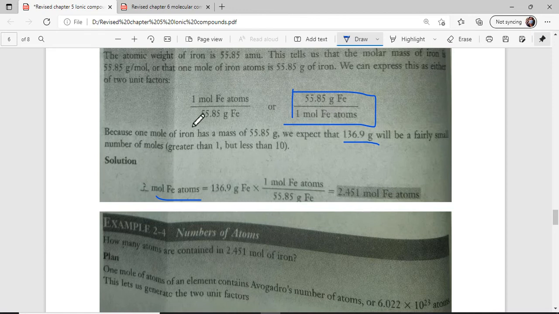Therefore, you will be using this conversion factor: if you have 1 mole of Fe atoms, you have 55.85 grams of iron. Therefore, the same units eliminate. Simply multiply the numbers above, 136.9 times 1, which keeps the same value, and divide by 55.85. You will need your calculator.